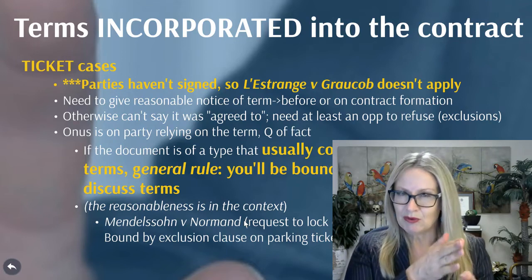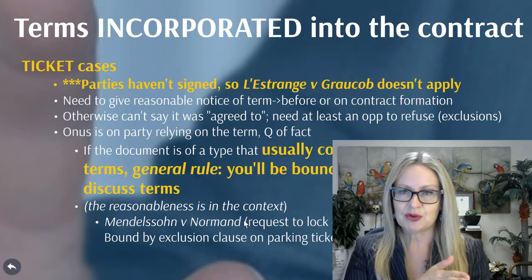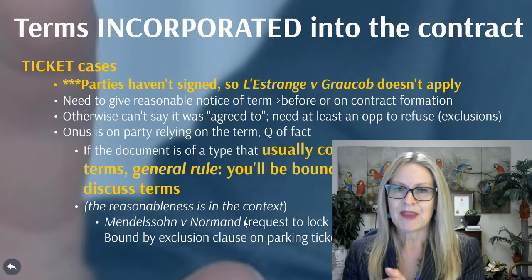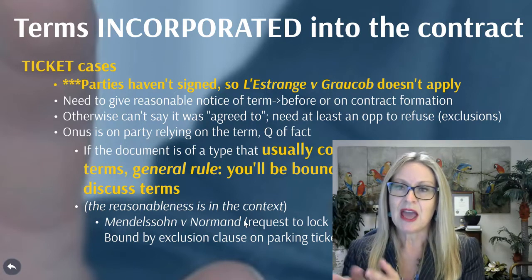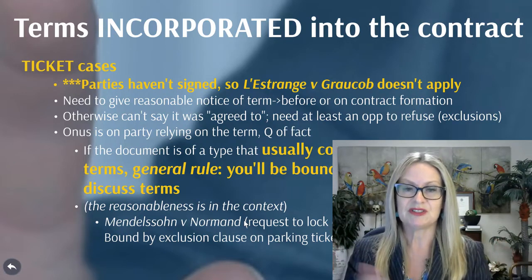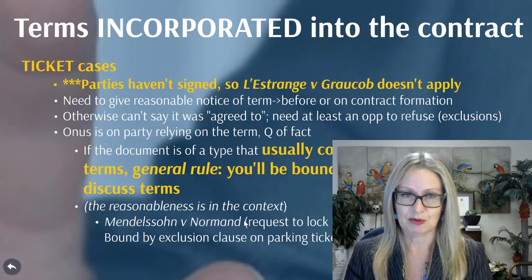So here we've stepped away from the L'Estrange and Graucob scenario, one step towards those extra contractual signed documents that we were talking about in the last video, and now we're talking about unsigned documents at all. There's just been an exchange and we still want to incorporate that as a term of the contract.